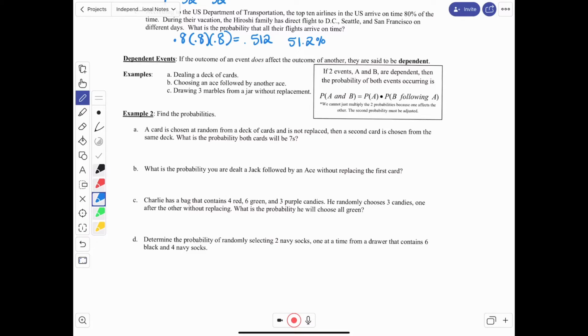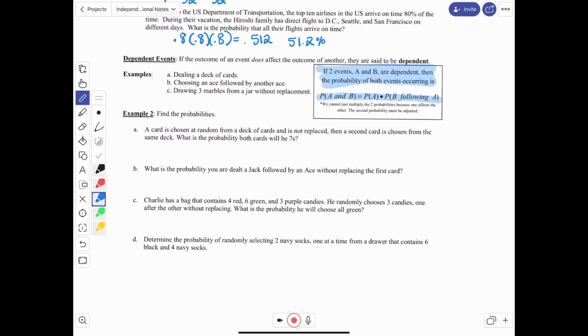So for our notation over here, if 2 events A and B are dependent, then the probability of both events occurring is the probability of A and B equals the probability of A times the probability of B following A. So we cannot just multiply the 2 probabilities because one affects the other. The second probability must be adjusted.